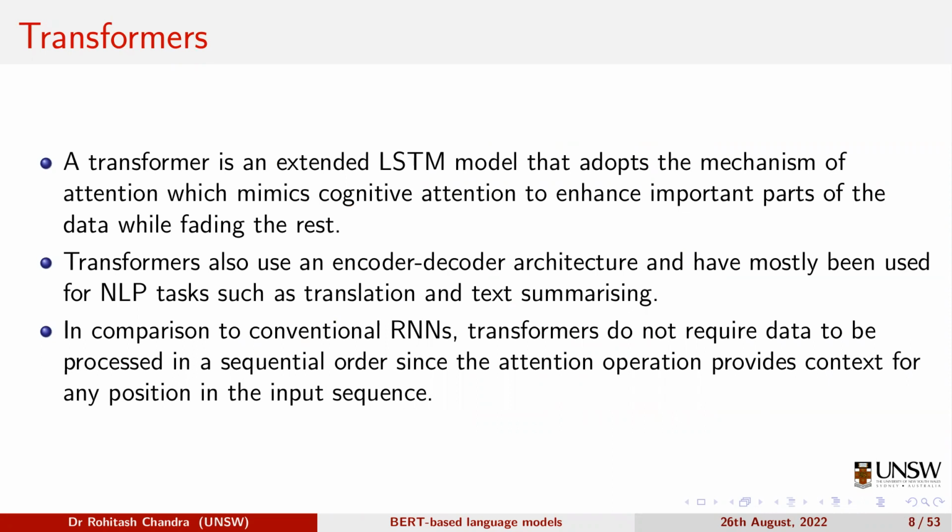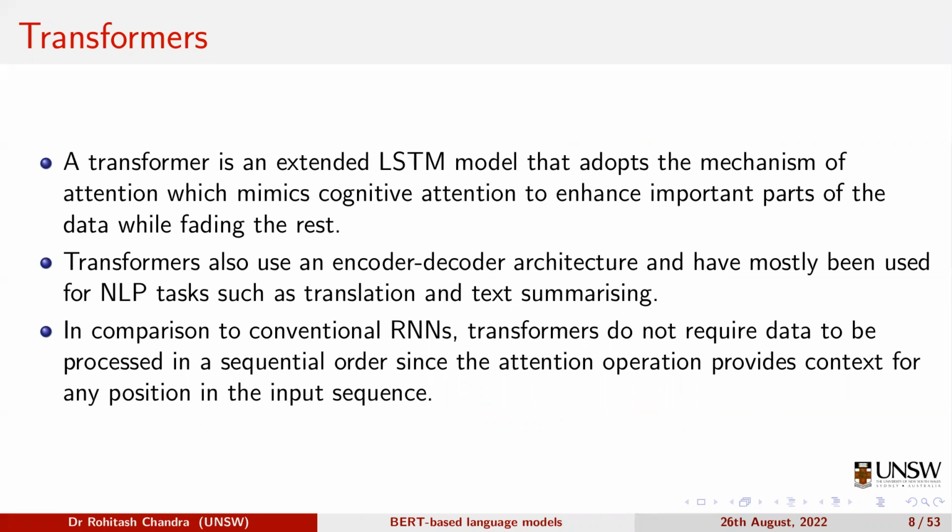And transformers are basically enhanced recurrent neural networks. They're built using the LSTM model, and further there's an attention mechanism to improve the LSTM model for large and complex language tasks.